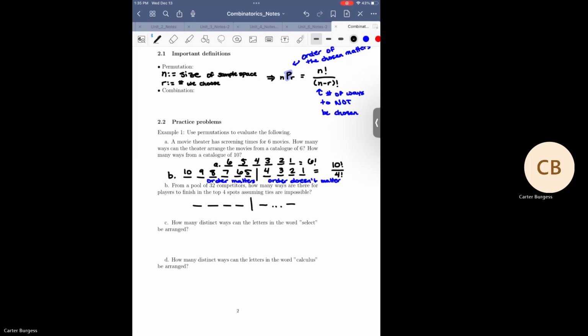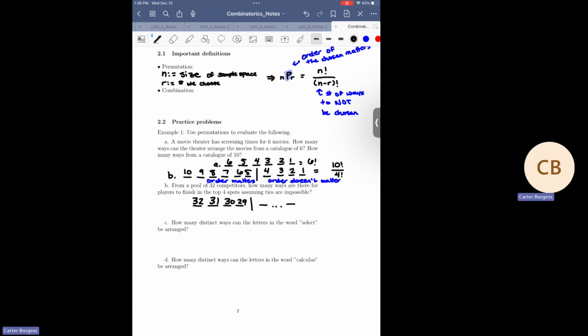All right. How many different ways can we fill our first spot? 32 different ways. How many different ways can we fill our second? 31, and then 30, and then 29. And yeah, we could be done, we can multiply all those. But again, just trying to highlight this point.